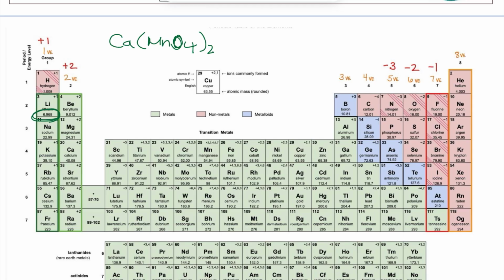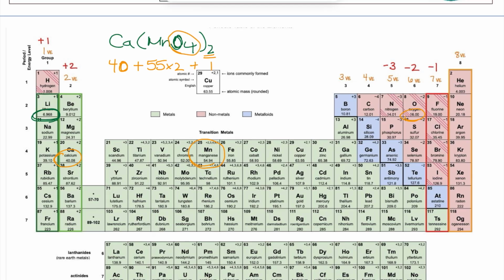Calcium is right here. So we have 40 plus manganese, 54.94. So let's say 55, and we have 2 of those, so times 2, plus my oxygens.